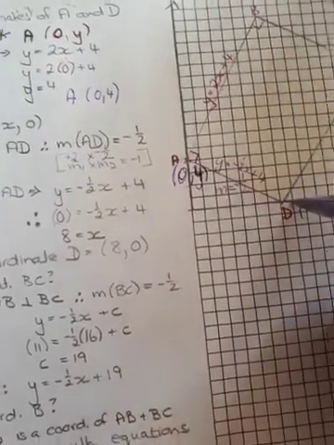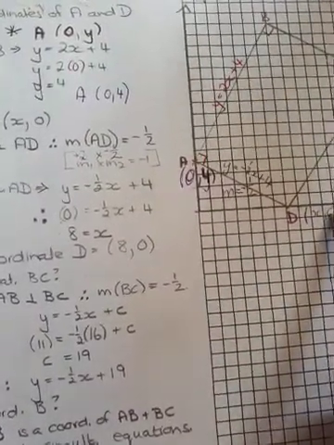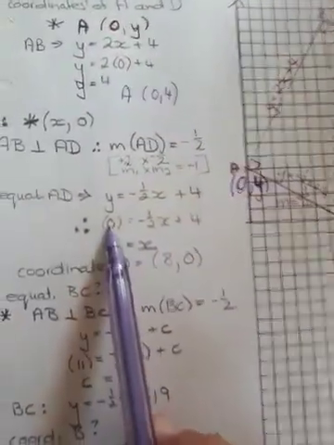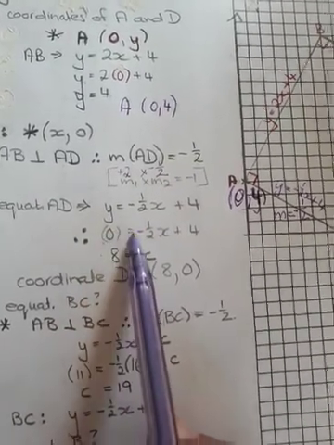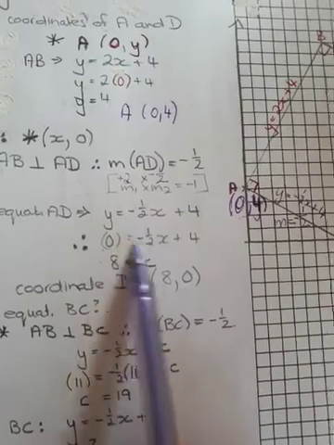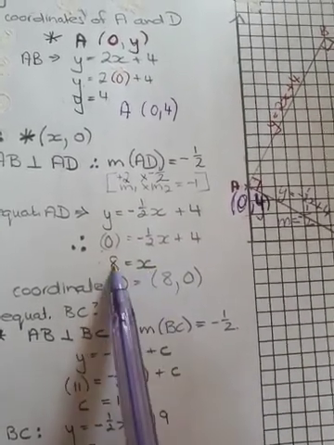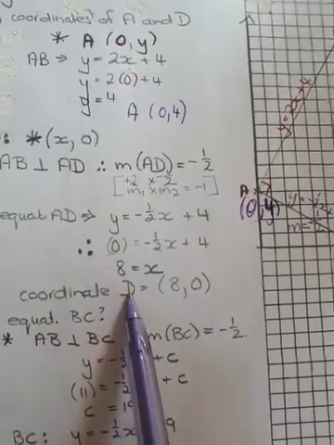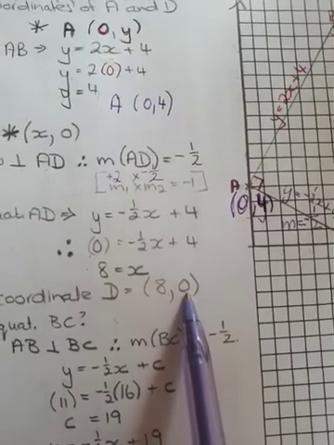That is how you get the equation for AD. Because you've got this value 0, which is the y value, you can substitute that into the place of y, and then you simply solve, which gives you a value for x of 8. So coordinate D is (8, 0). I hope you understand that.